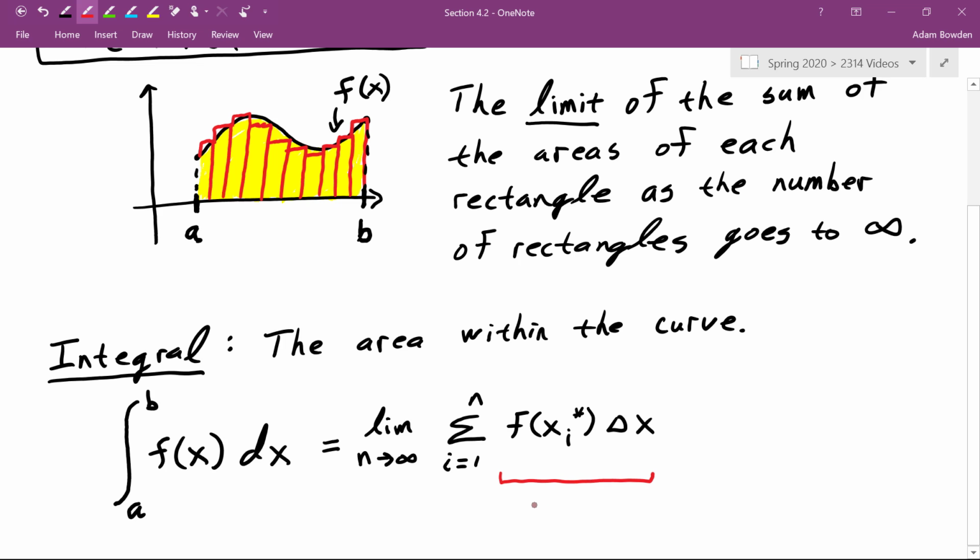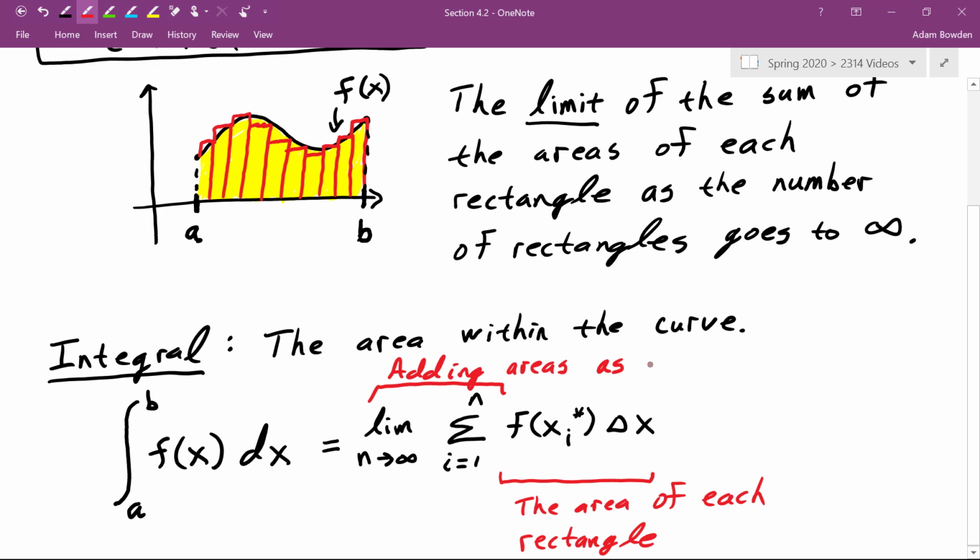This part here represents the area of each rectangle, and this part over here represents adding an infinite number together as the number of rectangles goes off to infinity. So it's a really kind of complicated thing to deal with in this format, but this is kind of what we're going to be looking at for a little while.